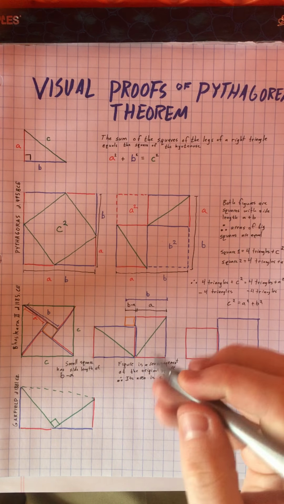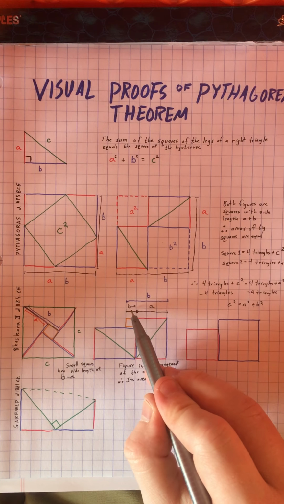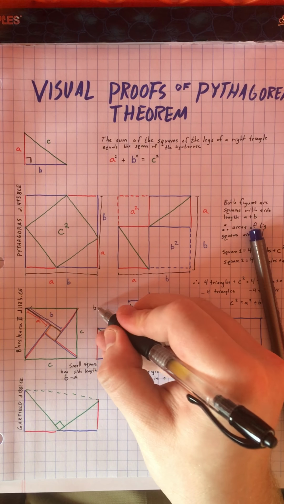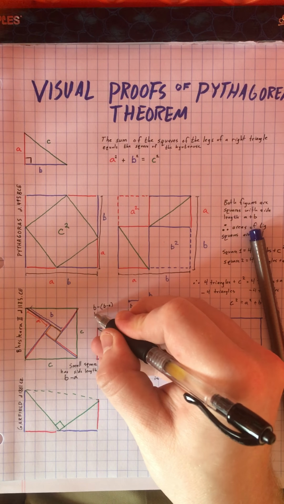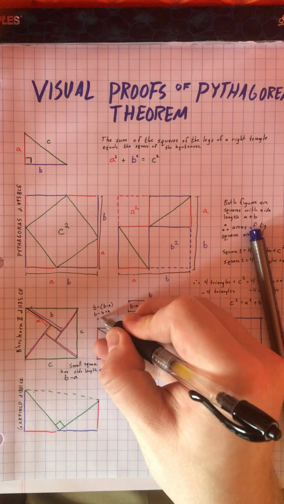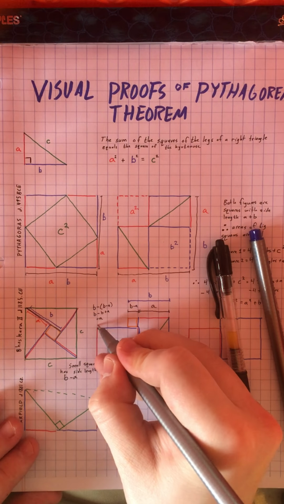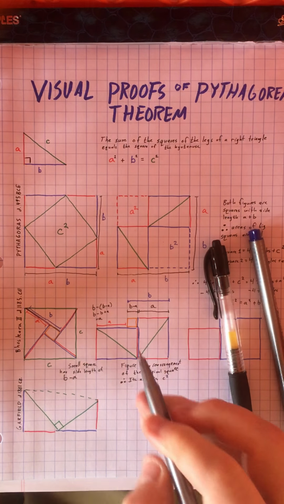Likewise, let's take a look here. We have a length of b minus (b minus a). What is b minus (b minus a)? Well, that is the same as a. This side length is a, for the same reason.